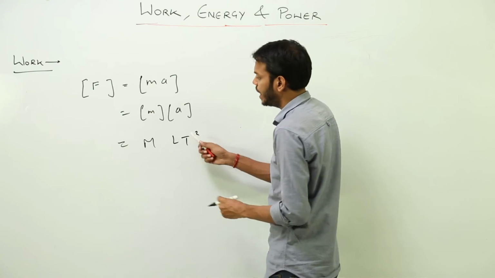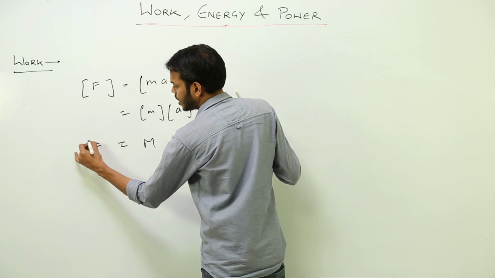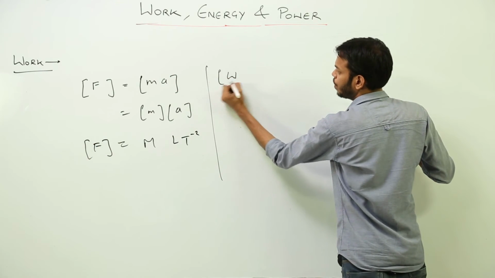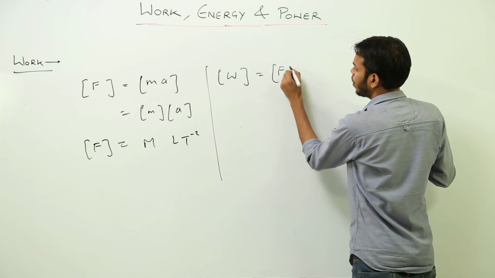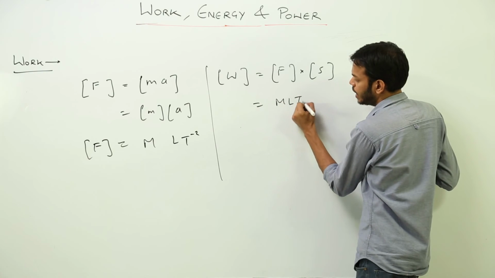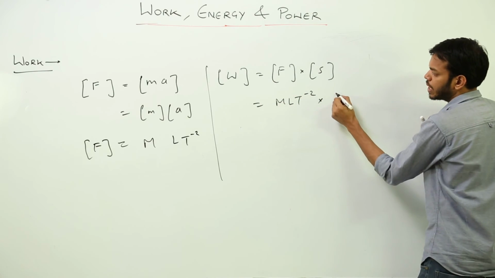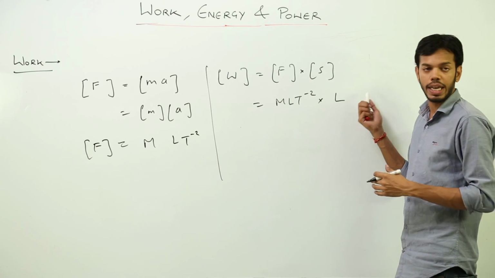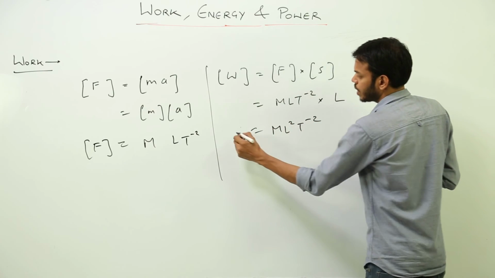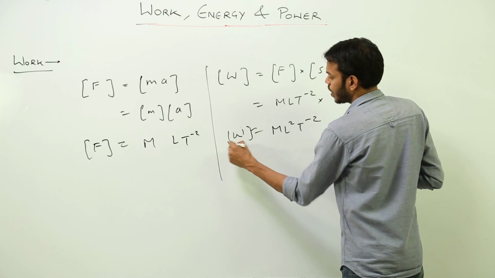So you have M L T minus 2, which is the dimensional formula of force. The dimensional formula of work would be the dimensional formula of force into the dimensional formula of displacement. Force is M L T minus 2 into displacement, whatever the units, it will be L in dimensional form. So this becomes M L square T minus 2. So this is the dimensional formula of work.